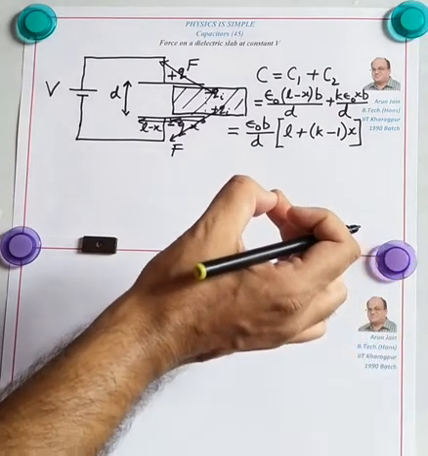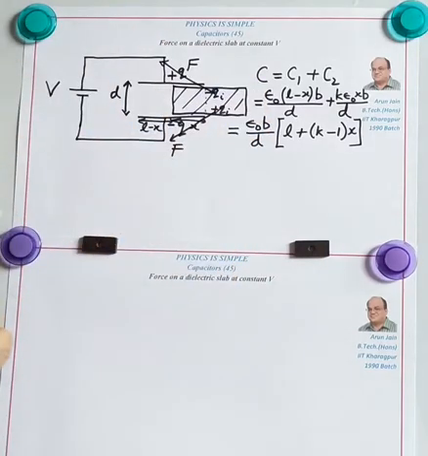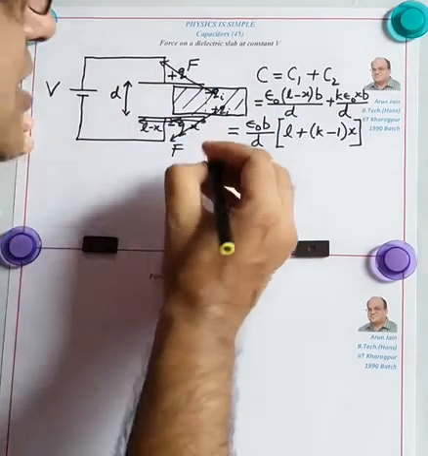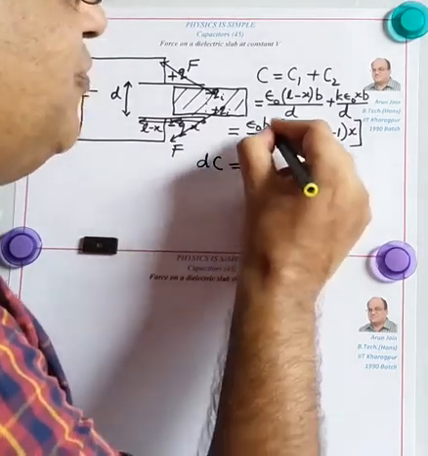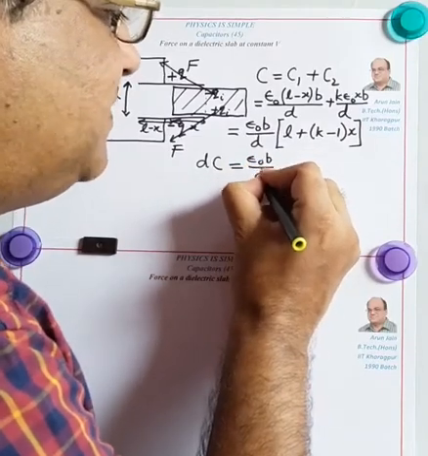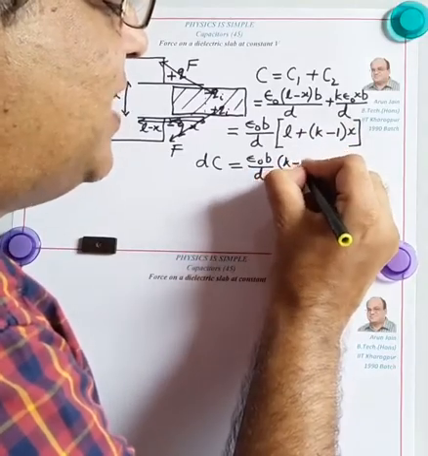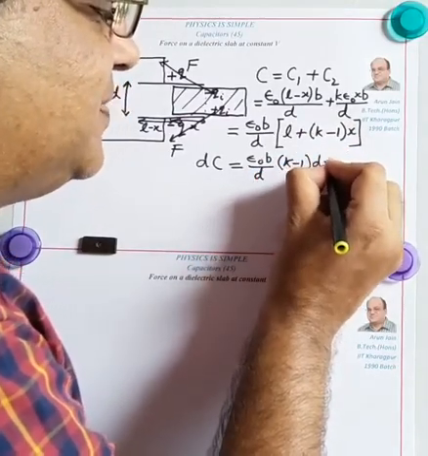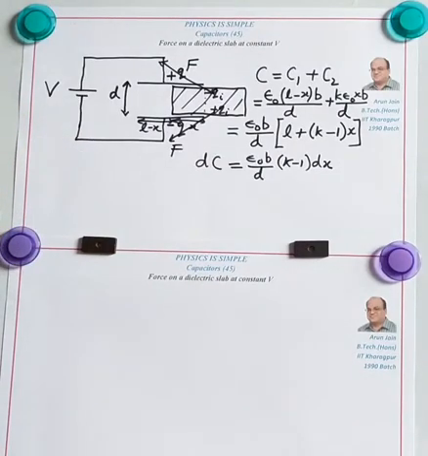As this dielectric goes inside, capacitance will change, and that change in capacitance dC will be given by, we differentiate this, we get epsilon naught B by D, and the derivative of L will be 0, so you'll get K minus 1 into dx. So as this dielectric goes more inside by dx, there is a change in capacitance dC given by this formula.